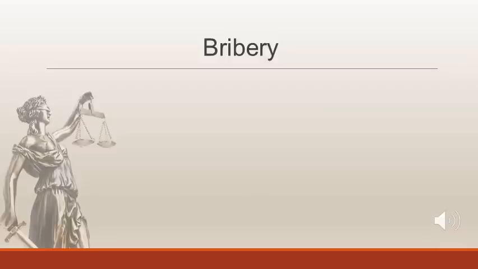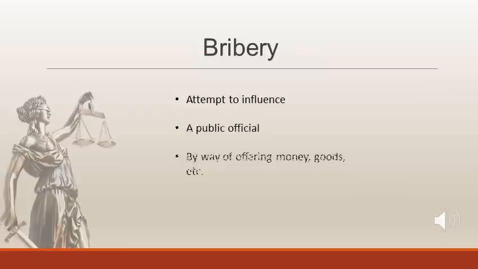Bribery is another white-collar crime. The elements to bribery are an attempt to influence a public official by way of offering money or goods to act in a way that serves a private interest.